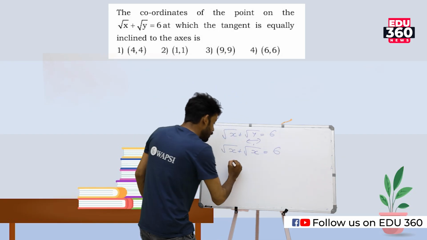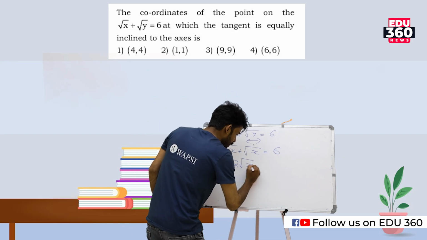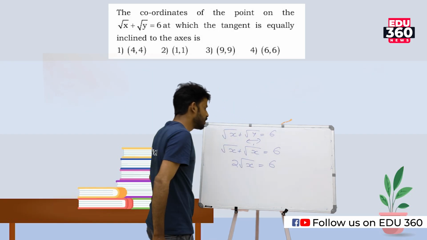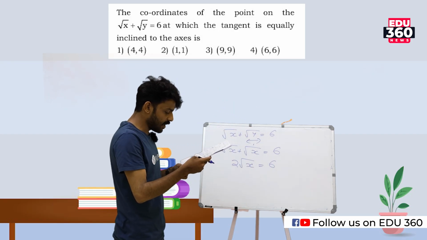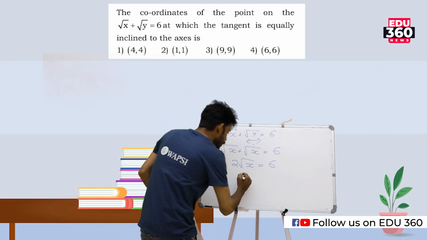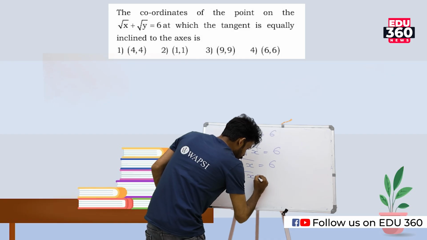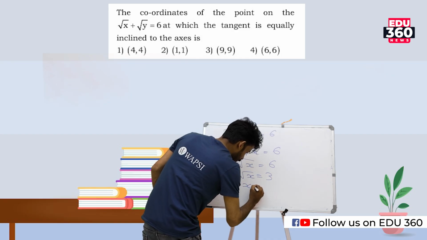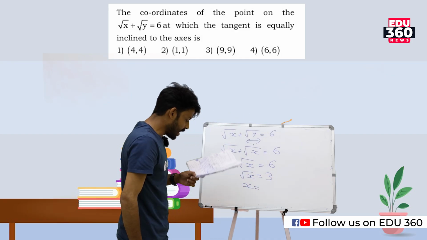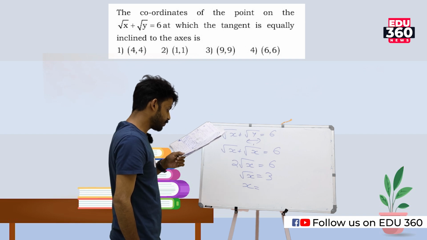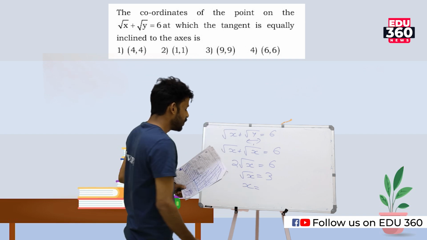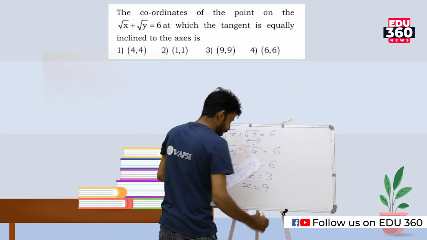From this we can write 2 root x is equal to 6. So root x is equal to 3. Therefore the value of x is equal to 9.